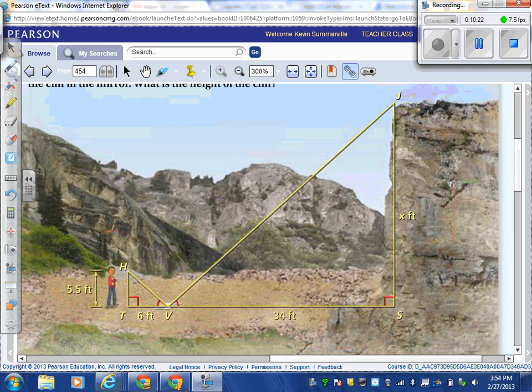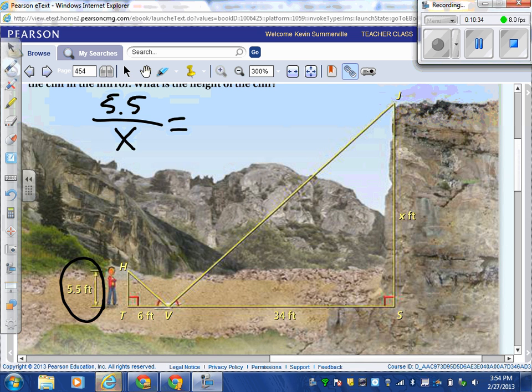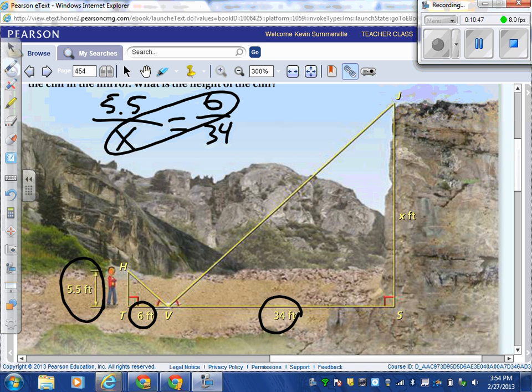So if I want to find x, I need to take this point, so that's the proportion, 5.5 over x is going to be equal to 6 feet over 34. Just like we did in the last section, I need to cross multiply these two numbers and find out what x equals.